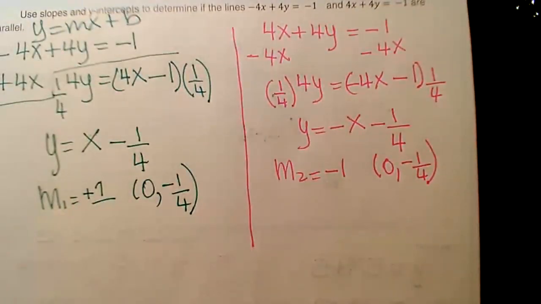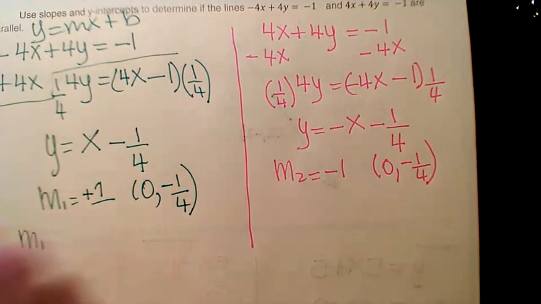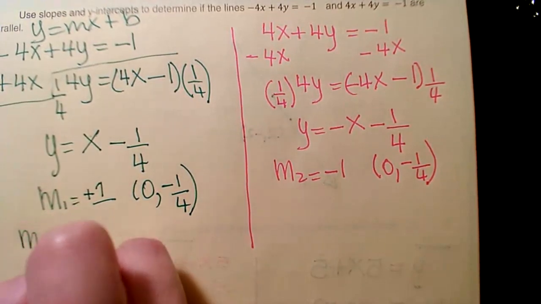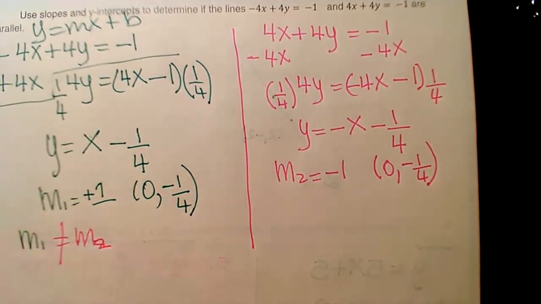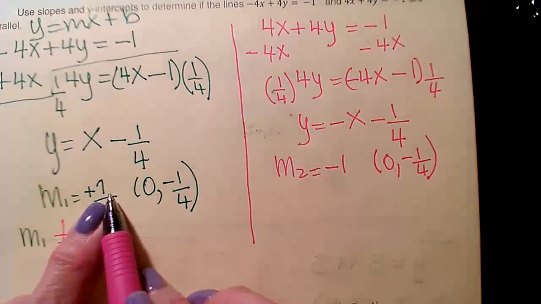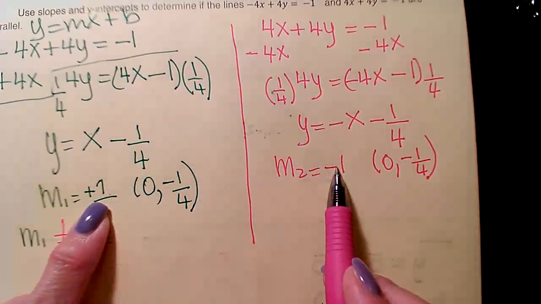So m1 is not the same as m2. They're not the same. And to me, the way they look, they are more perpendicular, because 1 and negative 1 have opposite signs, right?